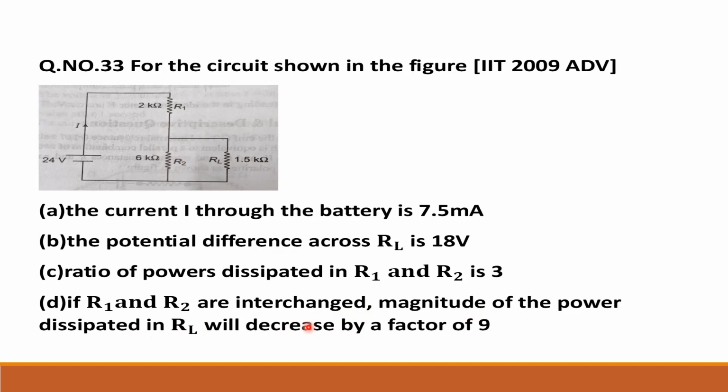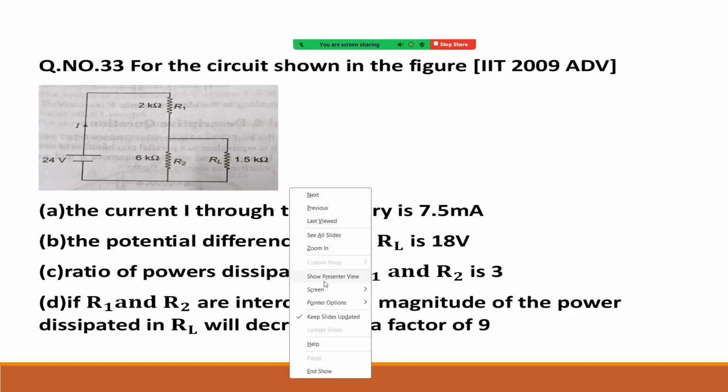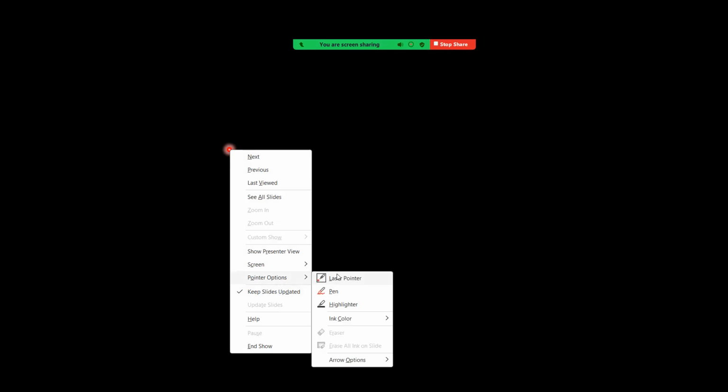So first see the circuit diagram once. The circuit diagram is this: this is now 24 volt. Then 2 kilo ohm.